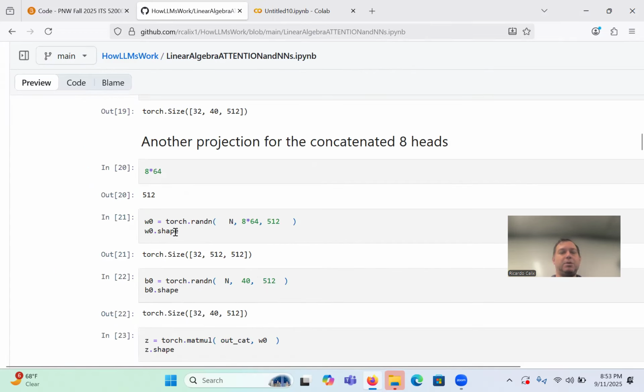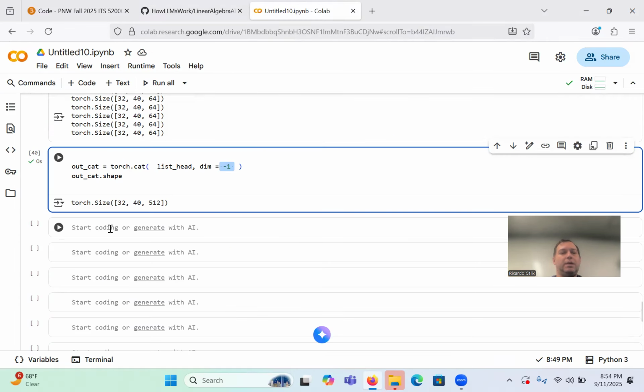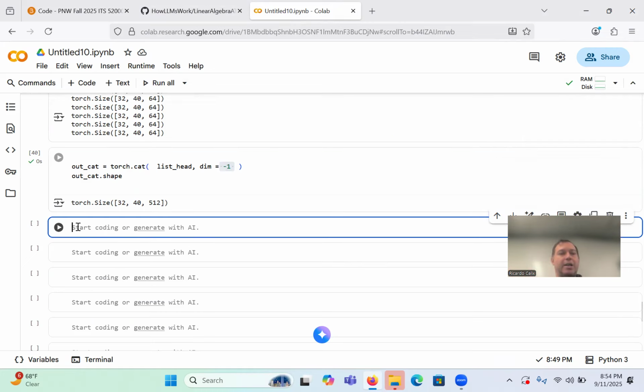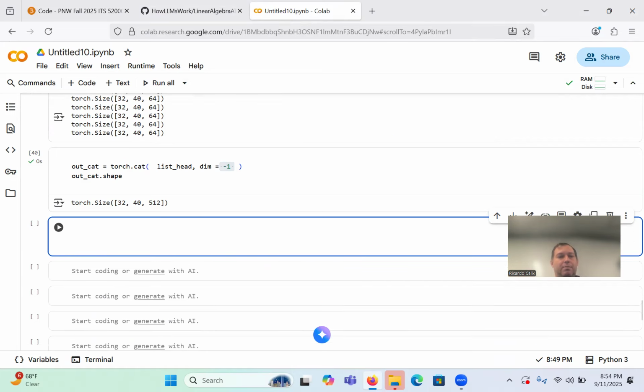We can try this one if you guys would like. So I'm going to do W0 and we can play with it. Remember, I have what just came out of the whole attention block. Let's call it out_cat. Remember that has concatenated the 8 heads. And now I'm just going to do yet another projection.